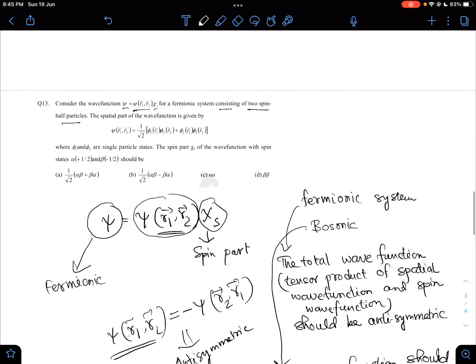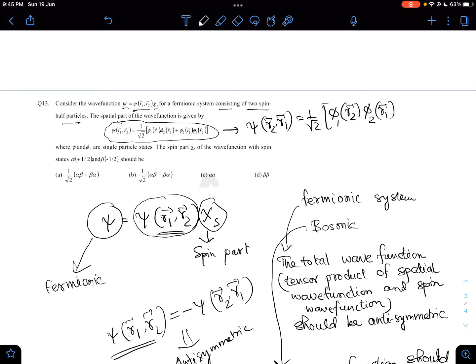So in the problem, we have our spatial part of the wave function as this. If we notice carefully, if we flip R1 and R2, what will we get? We will get 1 by root 2 phi 1 R2 phi 2 R1 plus phi 2 R2 phi 1 R1.